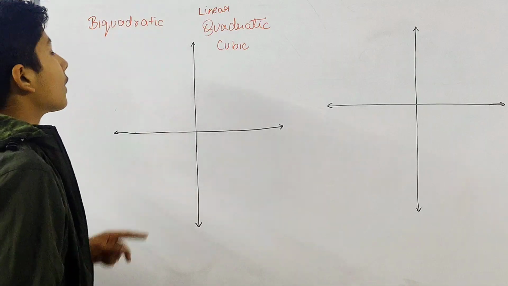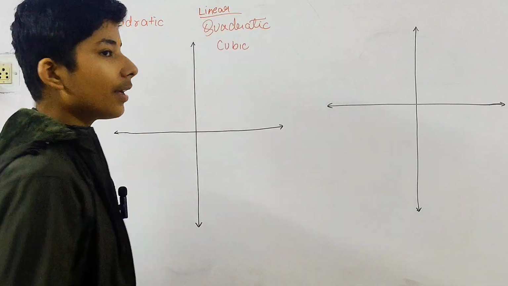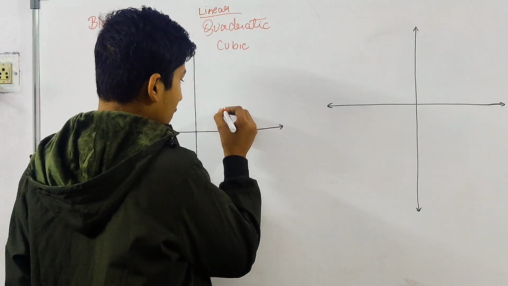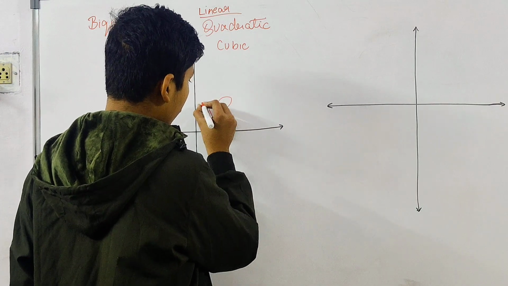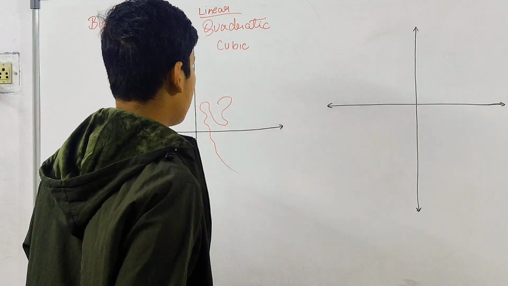Okay, so for linear ones, there can be anything, but for example, there is this.